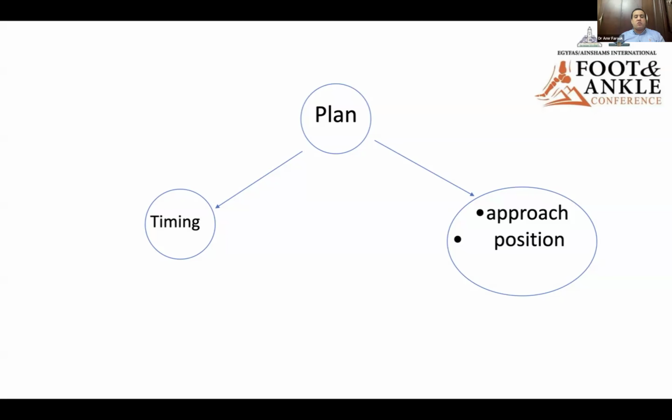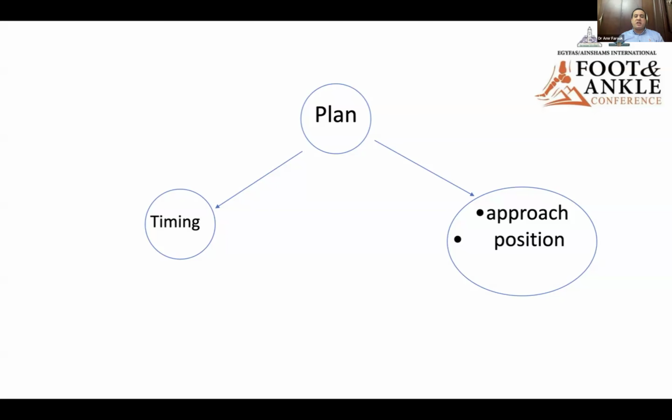Because if I wait more than this, it's very likely that there is contamination or there is pin tract infection that hinders me from doing the whole steps in one session.